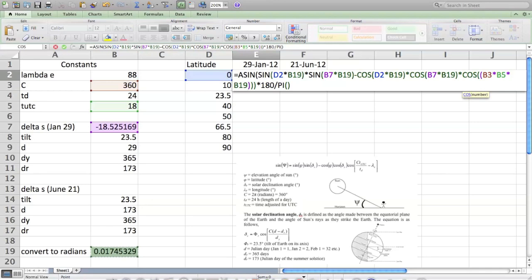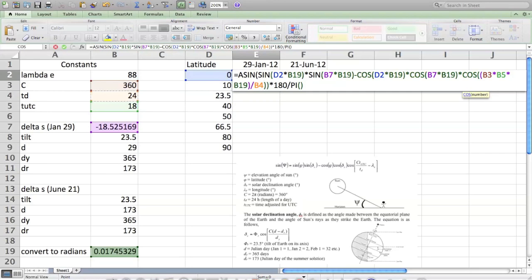Now I'm going to get outside of that parenthesis right here, and I'm going to divide all of this by my TD, which is 24 hours. Let me check this again: 1, 2, 1, 2. So I've already opened 2.